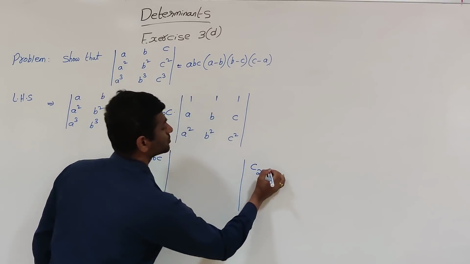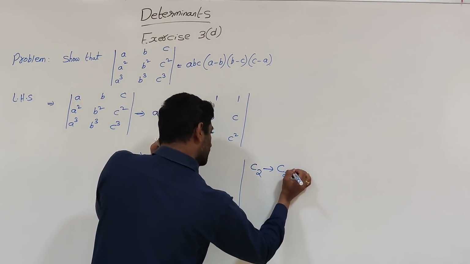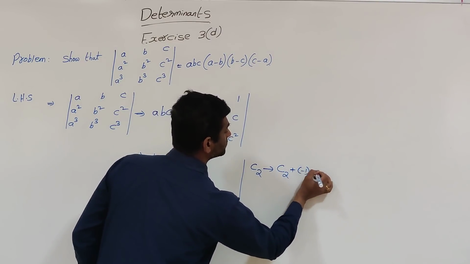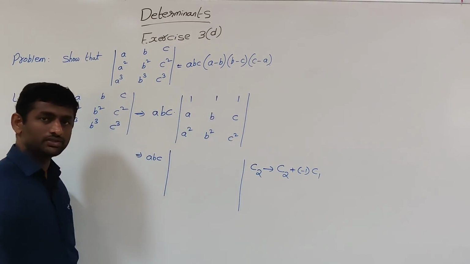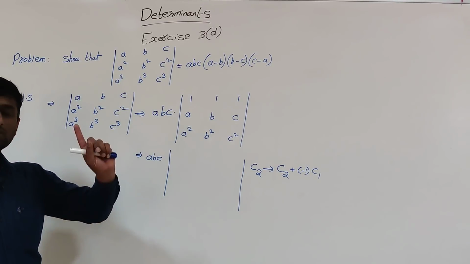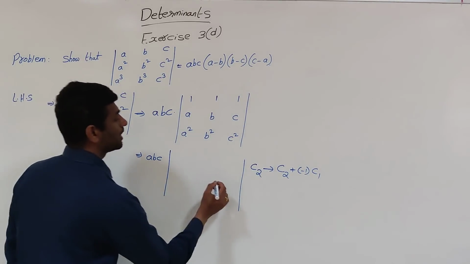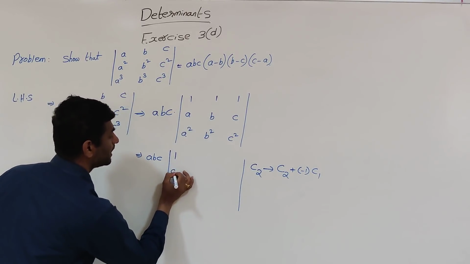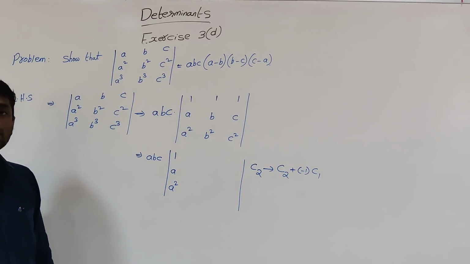The elements of C2 are added with minus 1 times of C1. Then this column 2 will be changed. I think this problem is similar to the previous problem. Now 1, A square doesn't change. The elements of column 1 don't change.